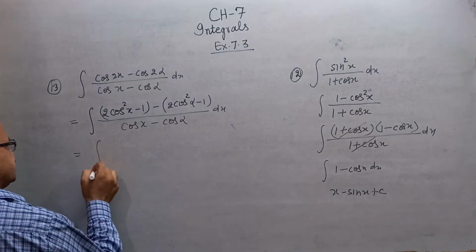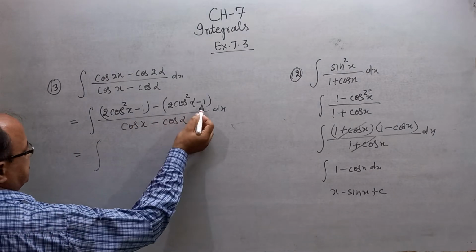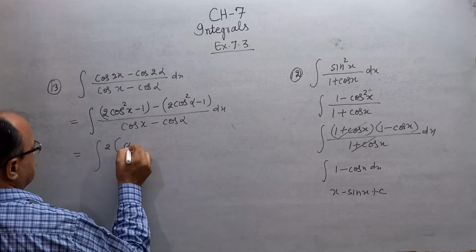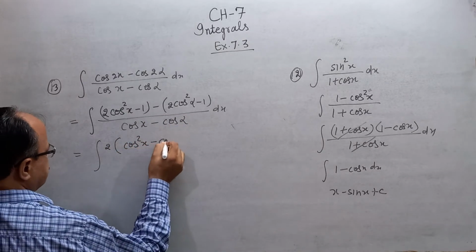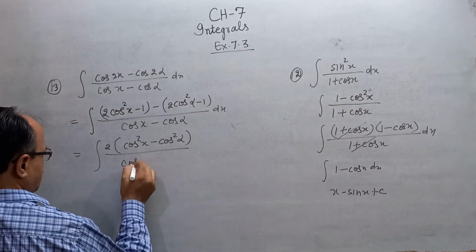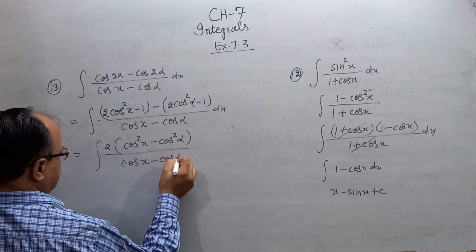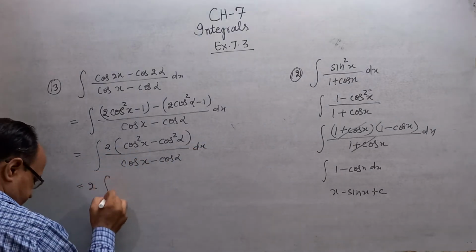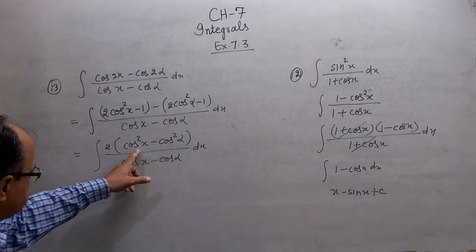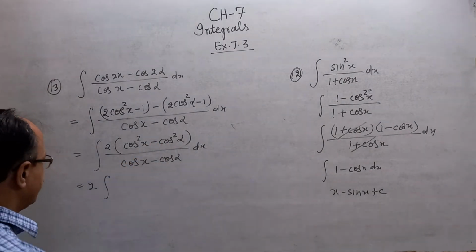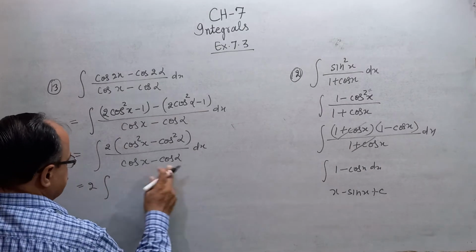Now you open the bracket. The minus 1 and plus 1 cancel. You can take 2 common: cos square x minus cos square alpha upon cos x minus cos alpha dx, and 2 outside. You know a square minus b square is (a plus b)(a minus b), so one term will be cancelled.